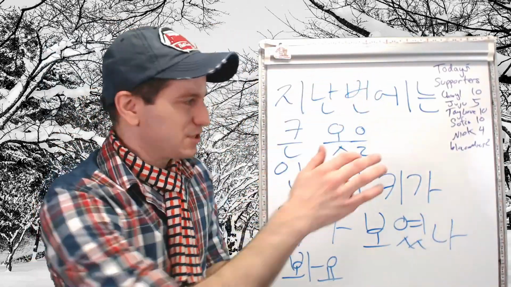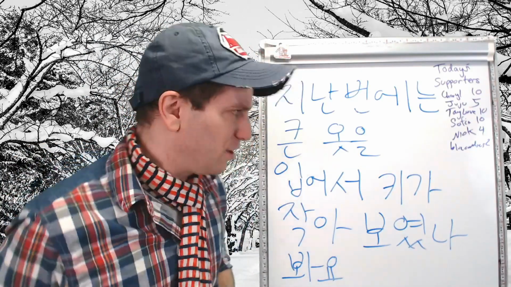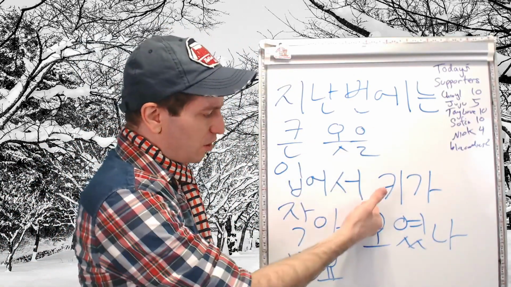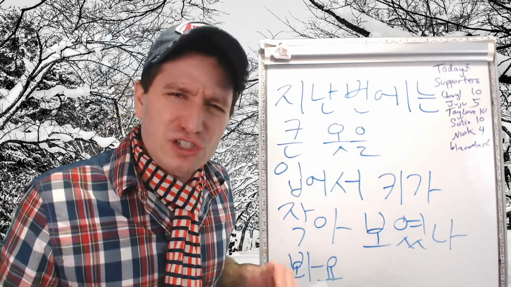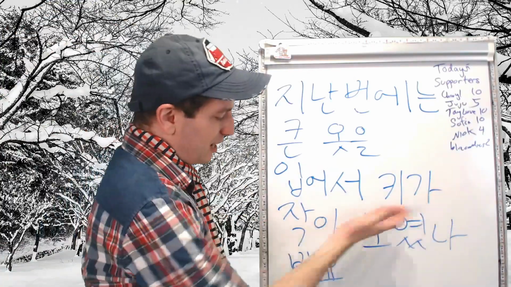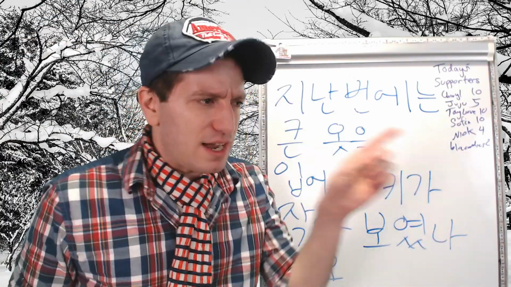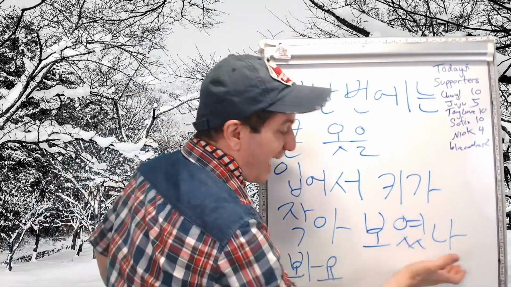지난번, last time. So last time, 큰 옷, large clothes, big clothes. 큰 옷을 입어서, because I was wearing large clothes last time, 키가 작다, to be short. 키가 작아 보이다. Because I was wearing big clothes last time, I looked short. 보였나 봐요.